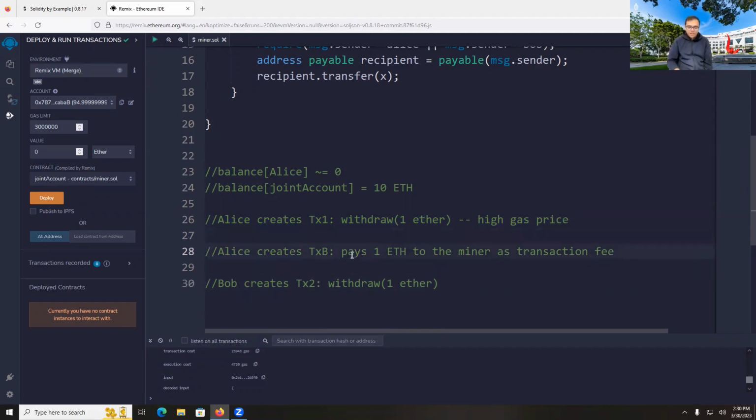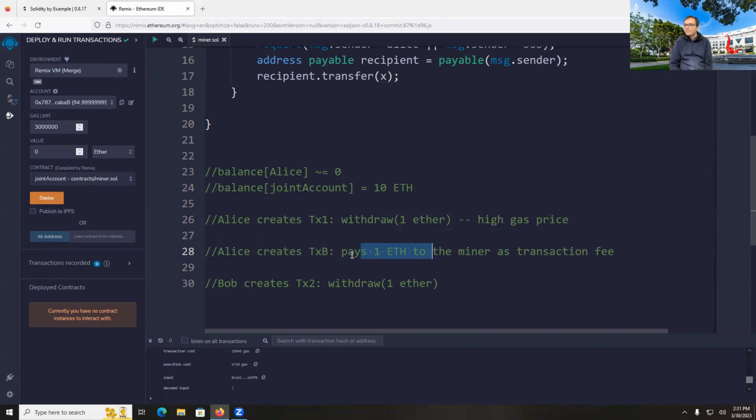So then this bribe transaction that Alice is making is going to be invalid because she will not have enough money in her account to pay the bribe. But on the other hand, the miner can decide to put Alice's transaction first, which means that Alice successfully withdraws 10 Ether from the contract and Bob cannot withdraw anything. But then Alice has 10 Ether in her account, and then this transaction actually goes through and 1 Ether is going to be paid to the miner.